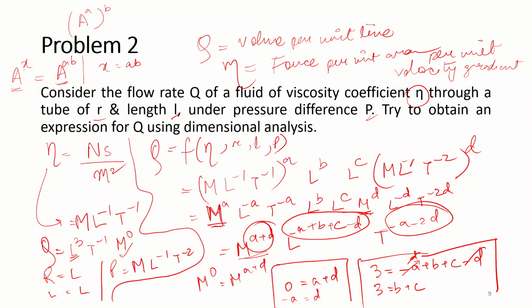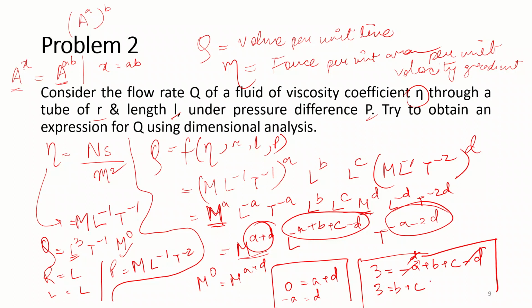Sir, consider the power of L: L has power minus a plus b plus c minus d. If we equate a plus d equal to 0, then L will have the balance power b plus c only.